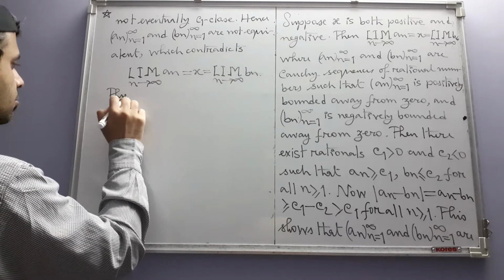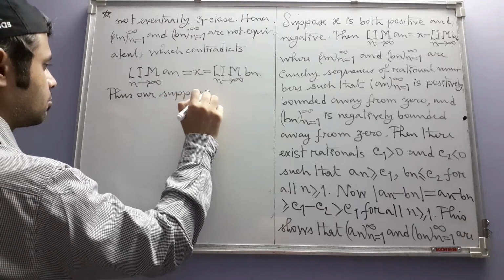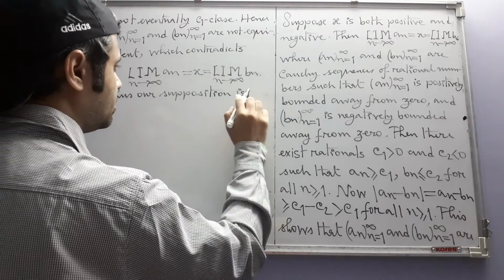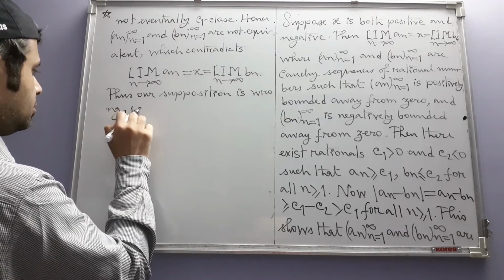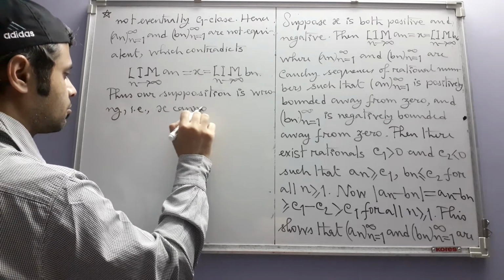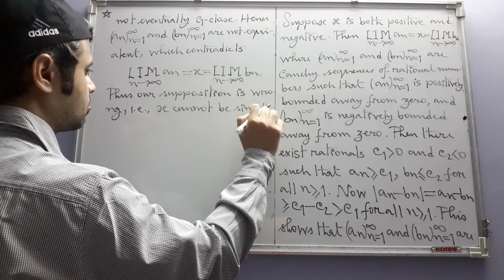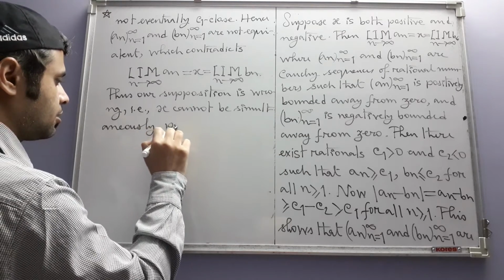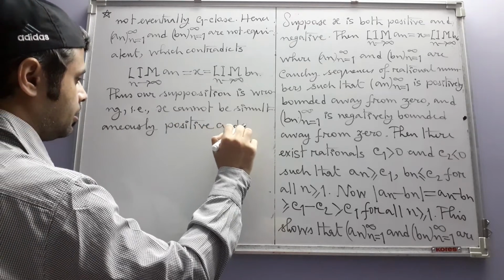Thus, our supposition is, okay, power has come back, is wrong. That is, x cannot be simultaneously positive and negative.